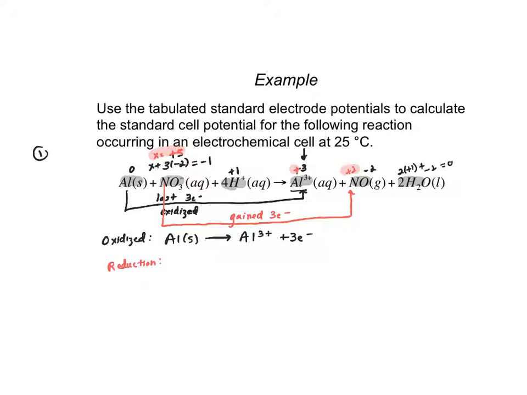And now for the reduction half reaction, everything's going to come with it, right? All of that leftover stuff. So we've got NO3 minus plus 4 protons plus how many electrons? 3. Goes to make NO plus 2 H2O.